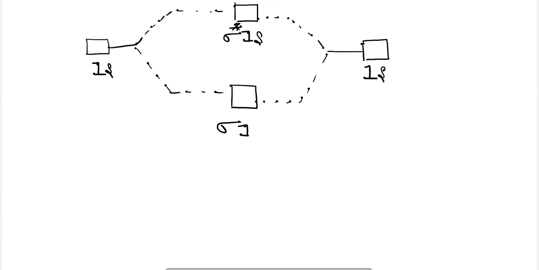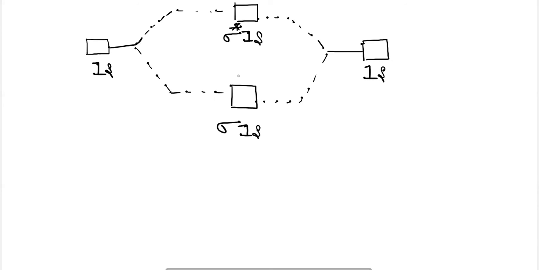Here one orbital and here one orbital: sigma 1s star to denote the anti-bonding and sigma 1s to denote the bonding. This is the higher energy orbital, the anti-bonding, and this is the lower energy orbital, the bonding molecular orbital.